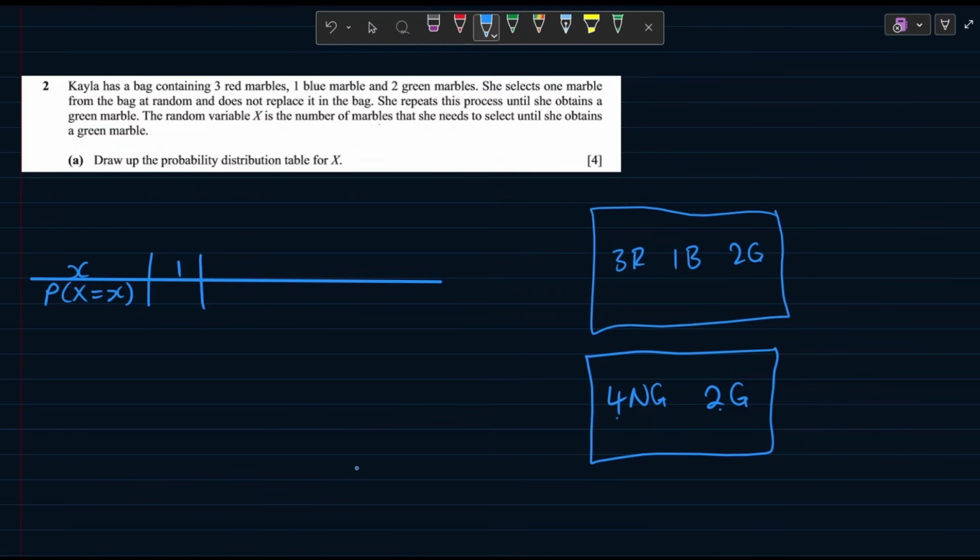And to get that 1, that's going to be a 2 out of 6 chance. And then she could also get a green in 2 trials, meaning that she first selects not green, then she selects a green marble. So that's the probability of not green and then green marble. So that's going to be not green, we have a 4 in 6 chance since we're starting with a bag of 6.